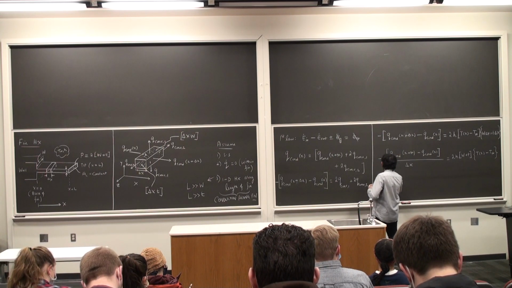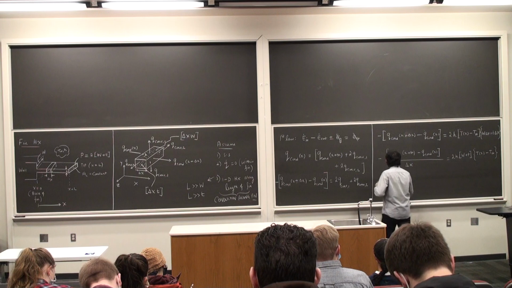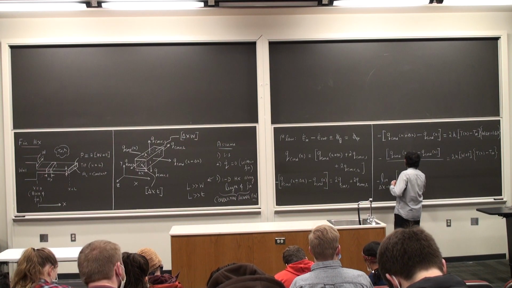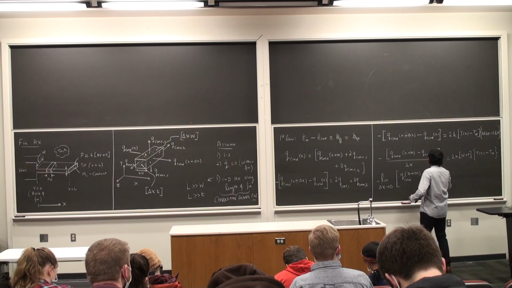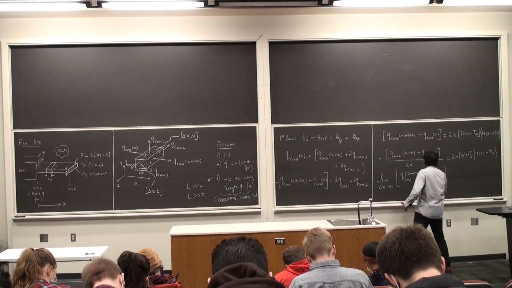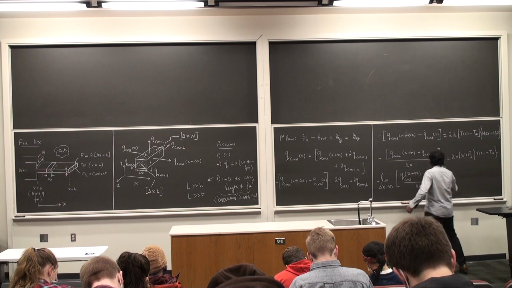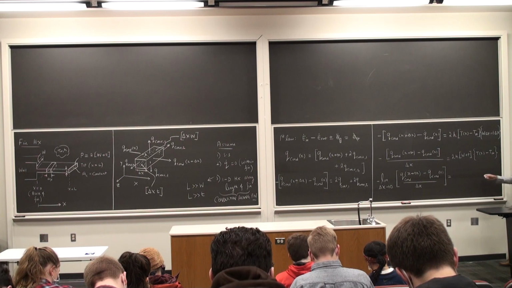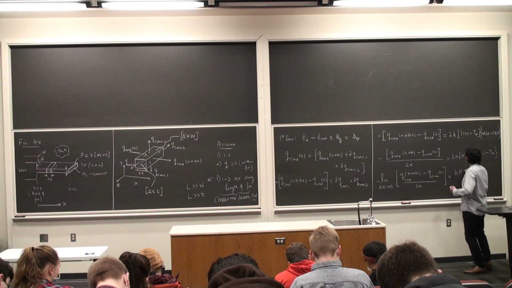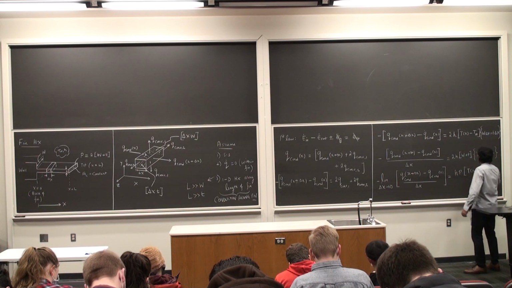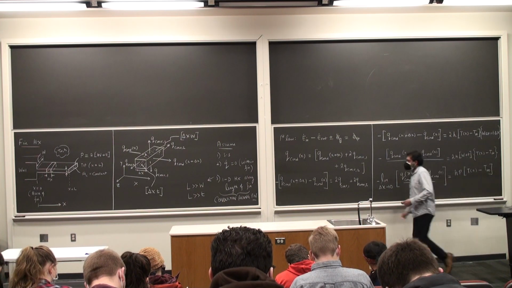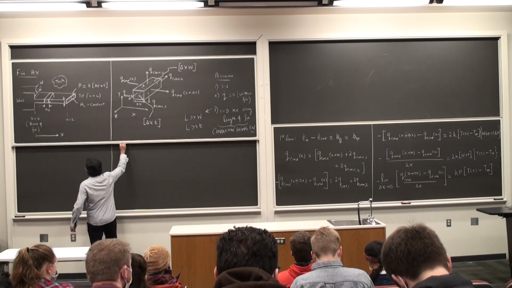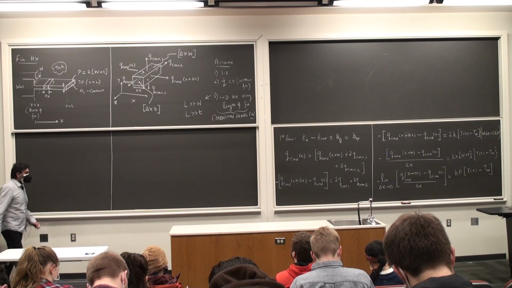Now take the limit of delta x tending to 0 of q conduction at x plus delta x minus q conduction at x, divided by delta x. Look at this. 2 times w plus t is the perimeter P, so this is h times P times T of x minus T infinity.